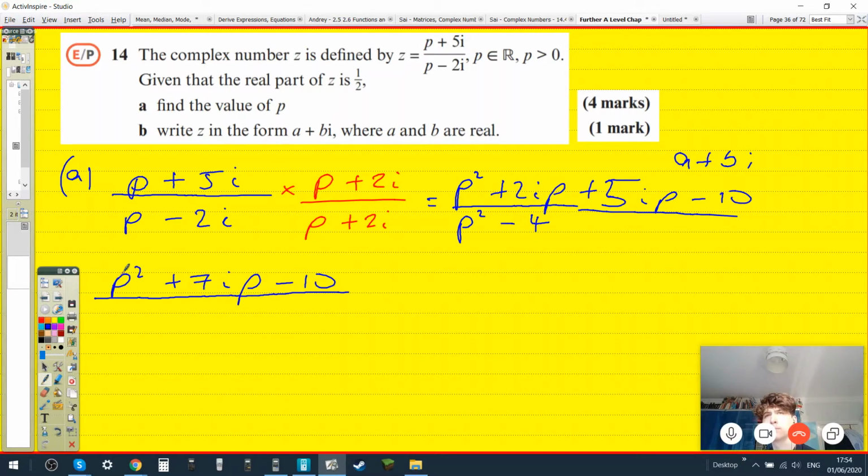I think we factorize. What will the bottom factorize to? You can't really factorize because they don't have like terms. p plus 2, p minus 2. Okay. Can the top factorize?